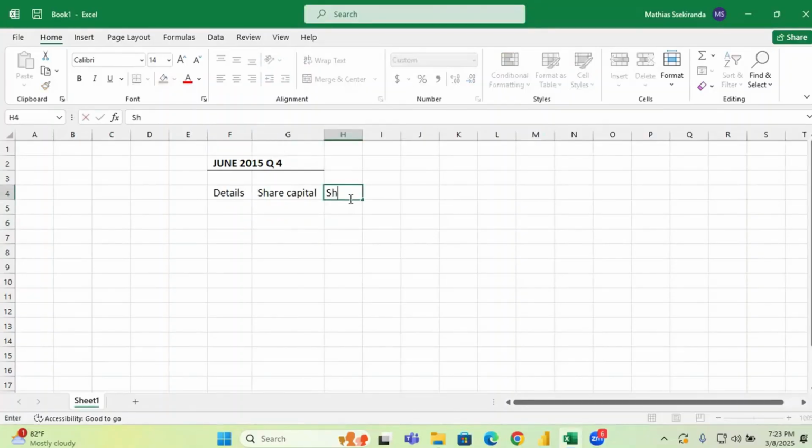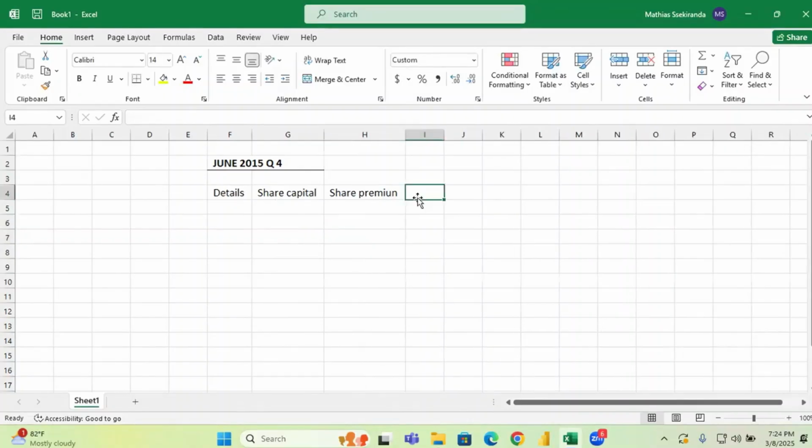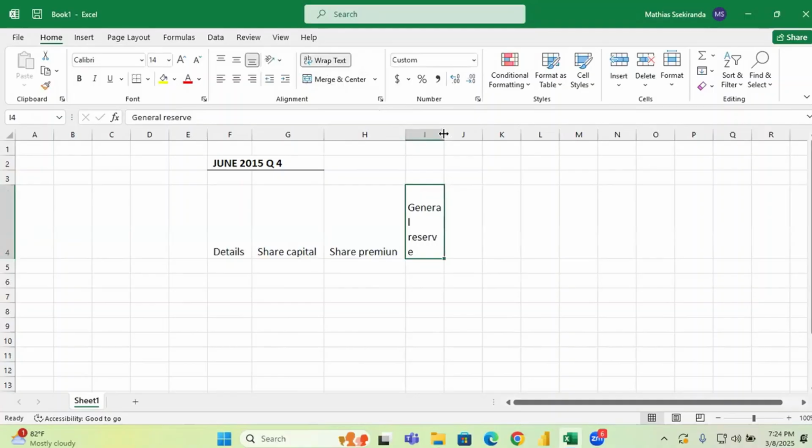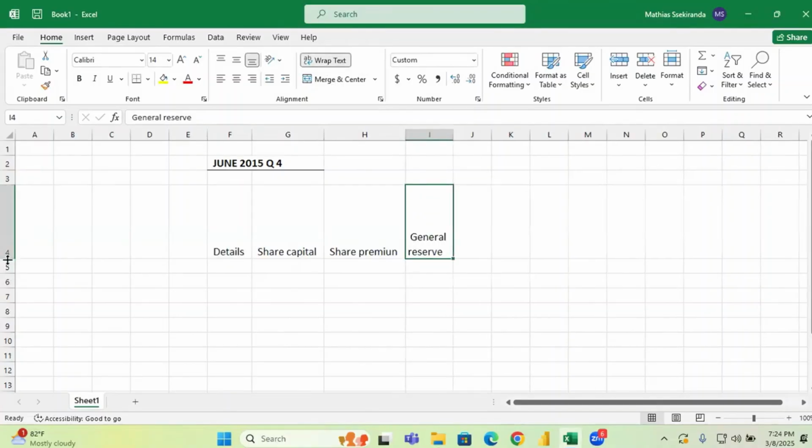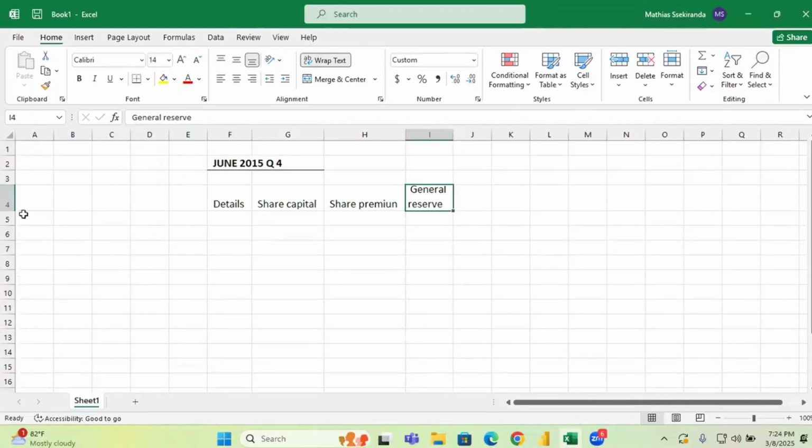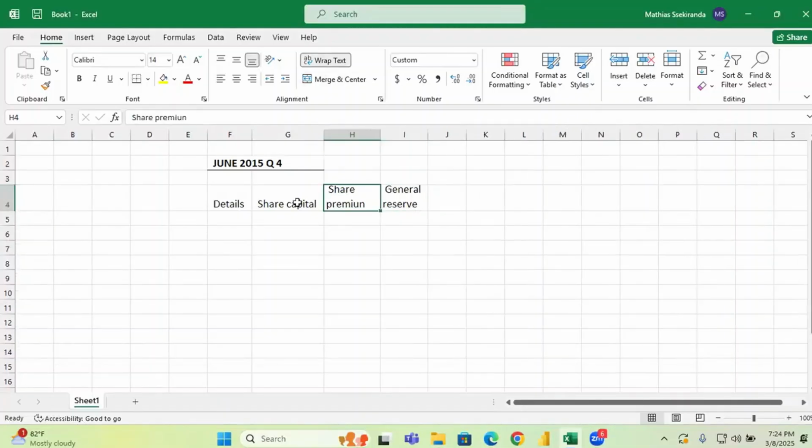I like putting these next to each other because normally they are almost related. And then we have general reserve. So you'll have as many columns as the number of components of equity.